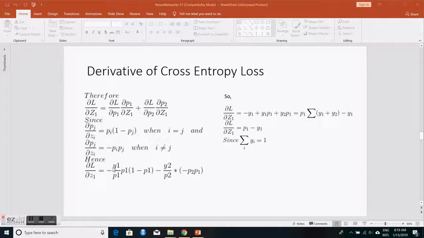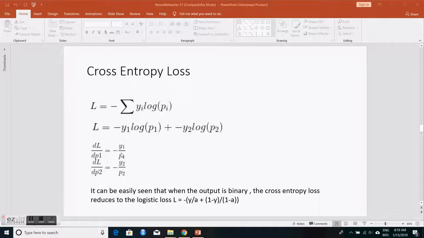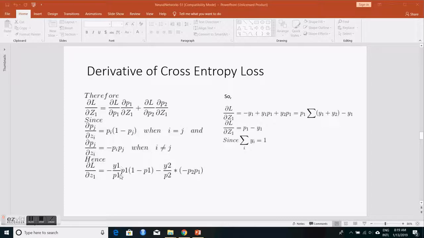Hence dou L by dou Z1 is, as we saw here, dou L by dou P1 is minus y1 by P1, into P1 into 1 minus P1, minus y2 by P2, which is what we saw here, into dou P2 by dou Z1, which is minus P2 P1.